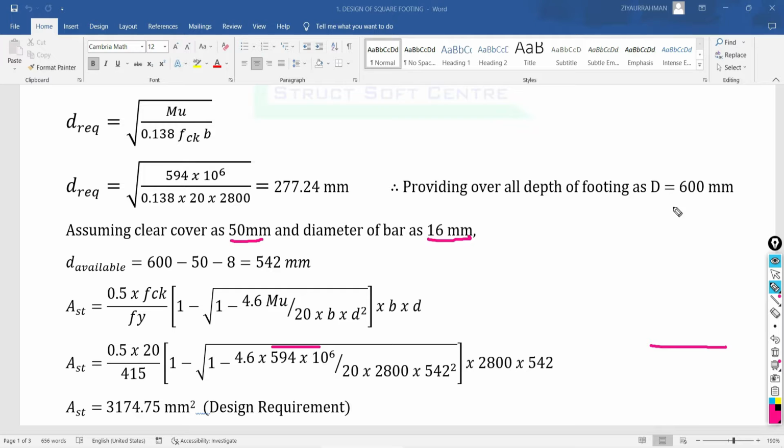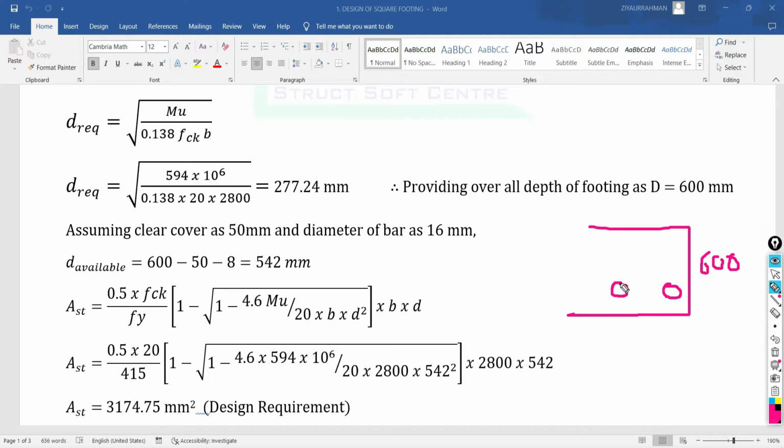If I consider 600 overall depth of the footing, what will the available effective depth become? Available effective depth will equal overall depth minus clear cover minus half the diameter of bar. Try to understand. Suppose this is the overall depth as 600. Then suppose the reinforcement is present here, at its center.